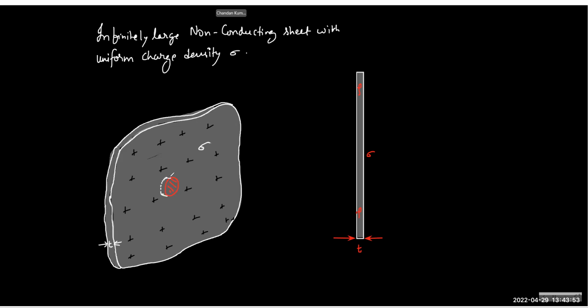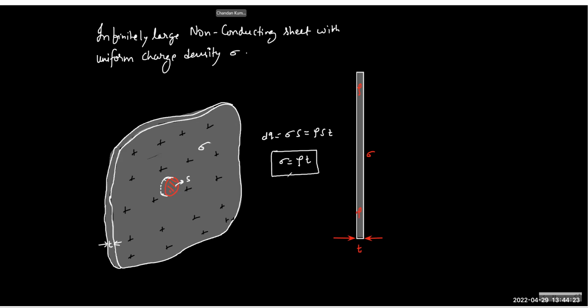Yeah, so if you think about some small patch of cross-sectional area, let's call it S, the charge you can correlate is sigma into S, which is the same as rho S T, correct? Yes. So sigma is nothing but the volume charge density into thickness.